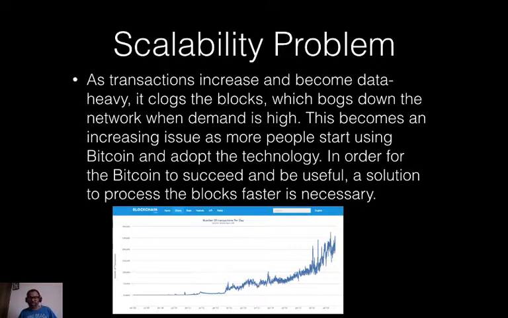Added to this, since the number of miners also increased in the network, there was a difficulty adjustment, and because of this the proof of work also became more complex, and the speed at which transactions can be processed became slower. So 10 minutes is the average, but in these cases it took hours to confirm a transaction, and that created the overall scalability debate of the last few years.